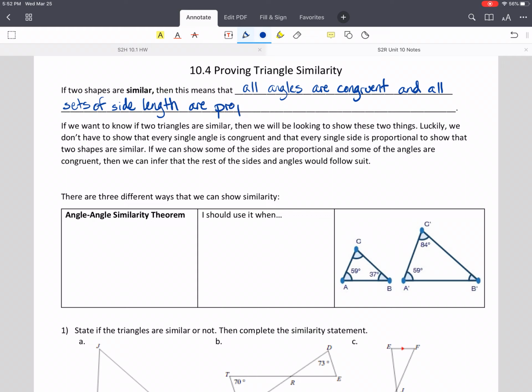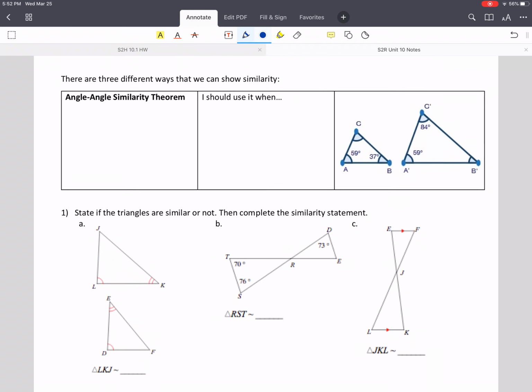We've talked about this before, basically all the sides are multiplied by the same scale factor. That's what you're going for. Okay, so we're just going to use that definition to guide us through the rest of this.